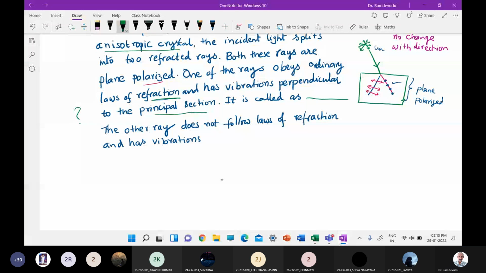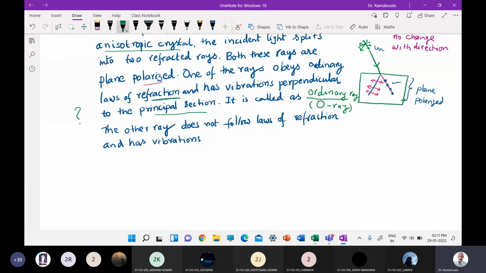A dot means towards you, that is the perpendicular direction, and this ray is called the ordinary ray. Generally this is represented by O, the O ray. So out of the two doubly refracted rays, one ray is the O ray.